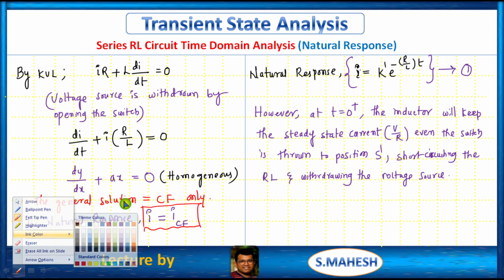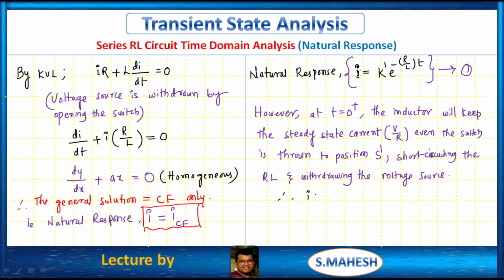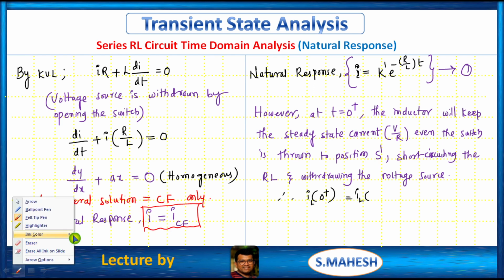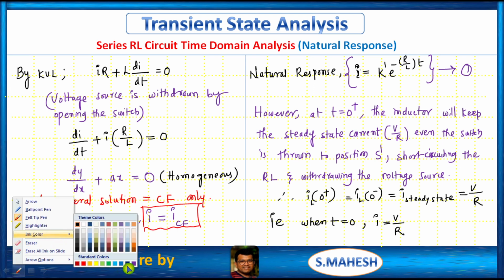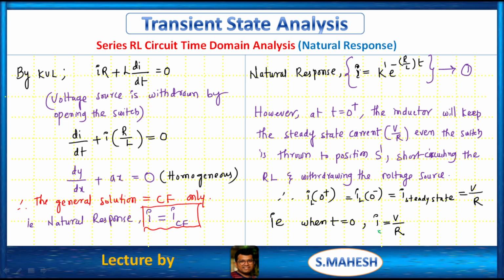We all know that inductor does not allow sudden change in current. Therefore I at 0 plus, which is equal to IL at 0 minus, which is equal to I steady state, which is equal to V by R. Simply, when t equals 0, I equals V by R. This is the value of the steady state current when the switch is closed for a long time.